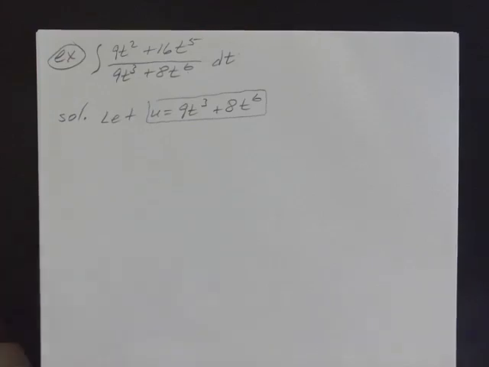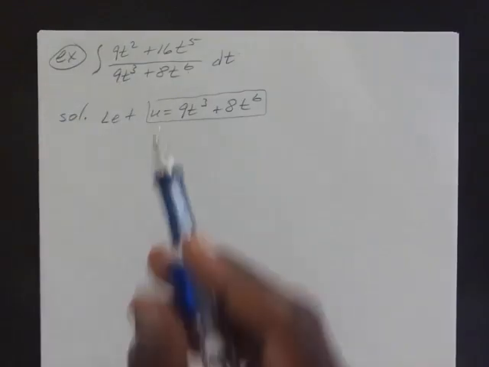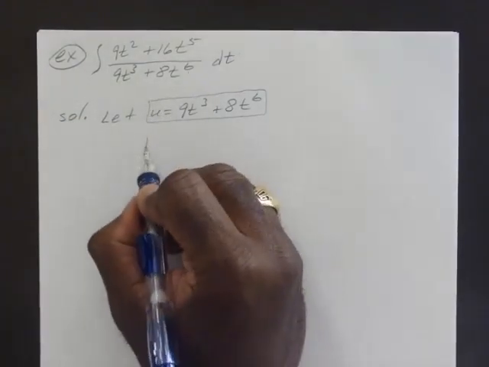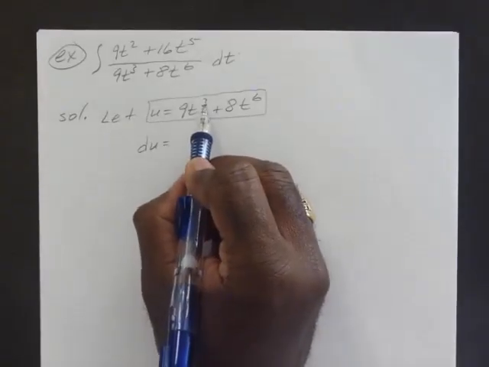Okay. And the reason the numerator exponent being one less than the denominator exponent gives me a hint is because when I take the derivative, each one of those exponents is going to go down by 1.